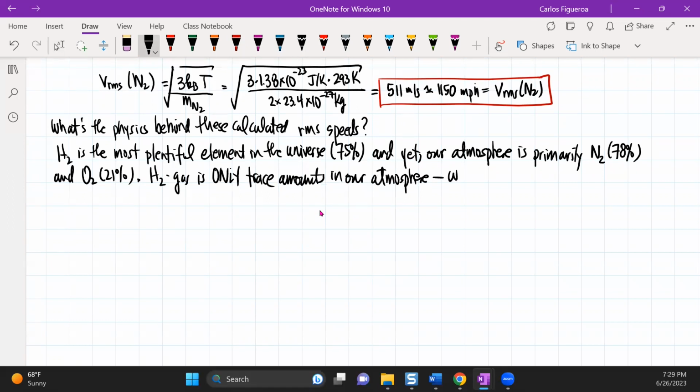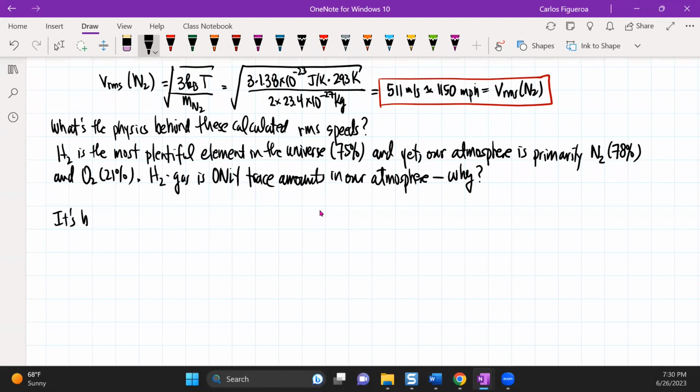And the question, of course, is why? Why is it that there's so much hydrogen in the universe, but we're effectively devoid of hydrogen in our atmosphere? So here's what we find.